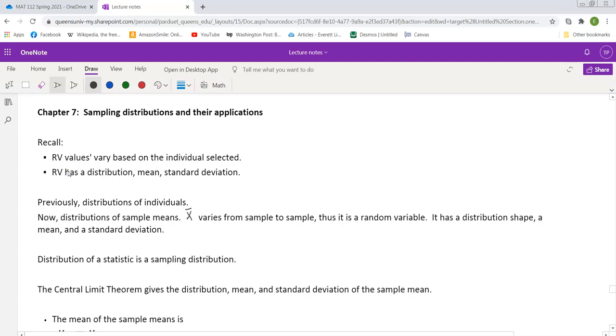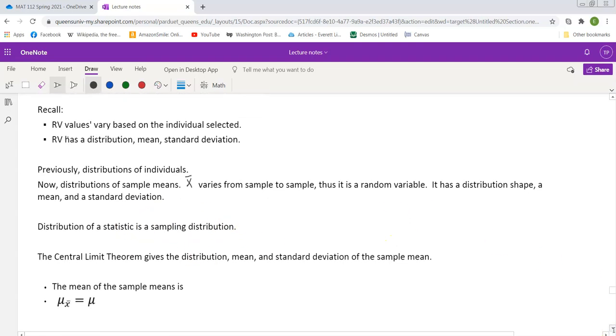When you look at the distribution of a statistic, that's called a sampling distribution. A statistic, I believe we talked about, is a characteristic of a sample, like a sample mean, a sample standard deviation, or a sample proportion. So anytime we're looking at the distribution of a statistic, that's called a sampling distribution. We're only going to look at one of those, and that's the distribution of the sample mean.